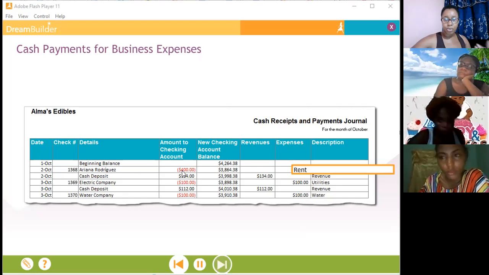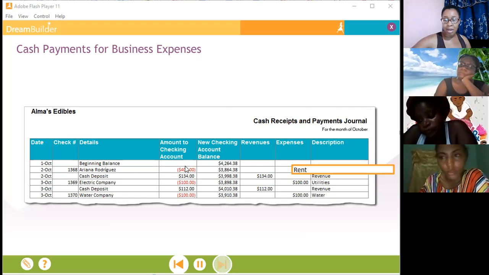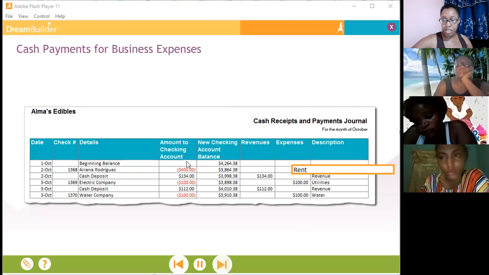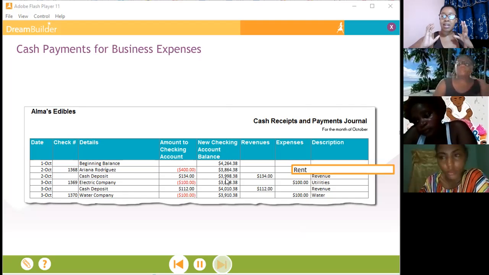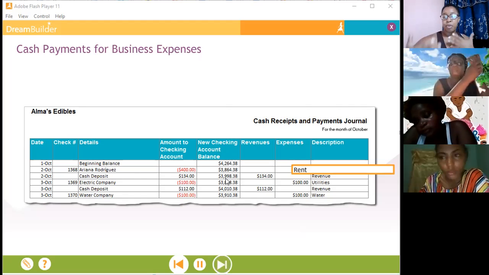The amounts come here, whether it's money going out or money coming in, it goes under the amount section. This here shows the balance of her account. So whatever account that you are using for your business transactions, this is what the balance is.